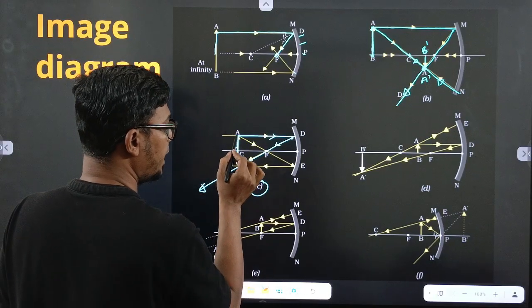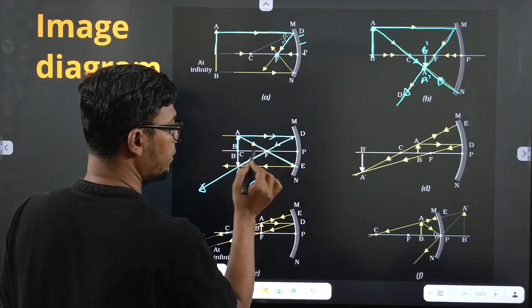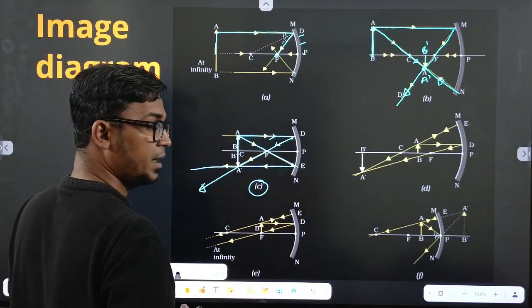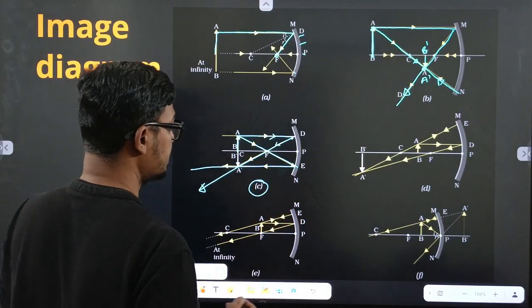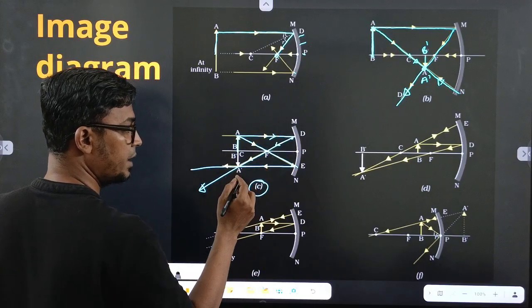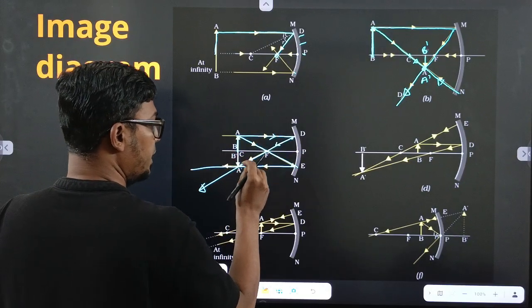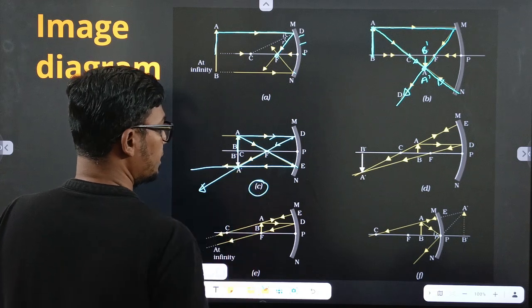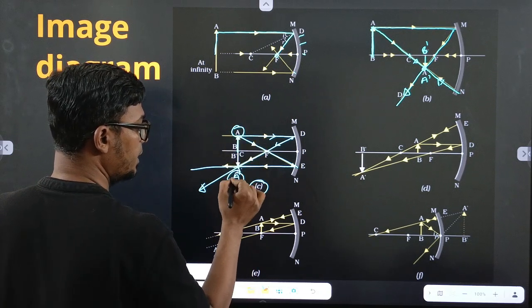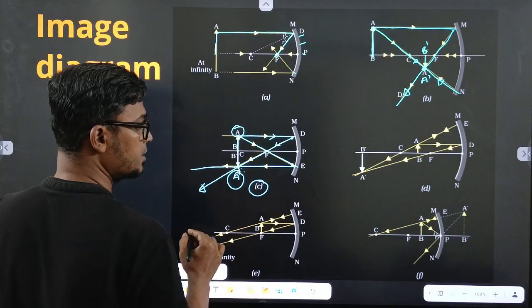Then if you draw another line through the focal point, the reflecting ray will go parallel to the principal axis. Therefore, the intersection point for these two rays is A dash. So the image of A will form at this point.